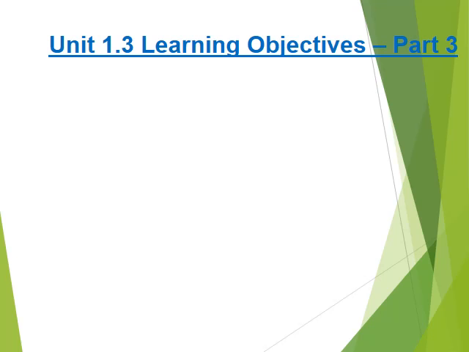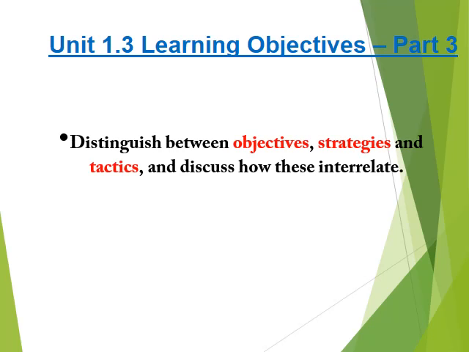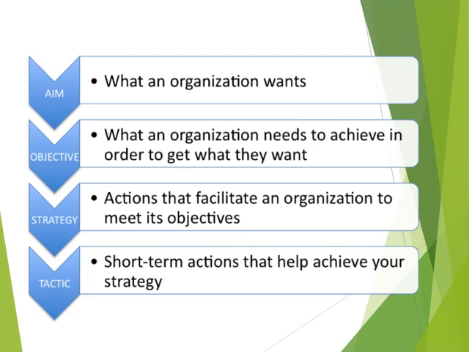And the last part, I will distinguish between objectives, strategies, and tactics, and discuss how these interact. This figure expresses the steps from aim to tactic. In the aim part, the organization considers what they want, and in the next step, the objective part, they consider the process to achieve what they want.